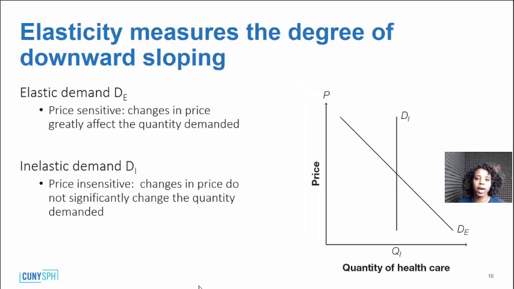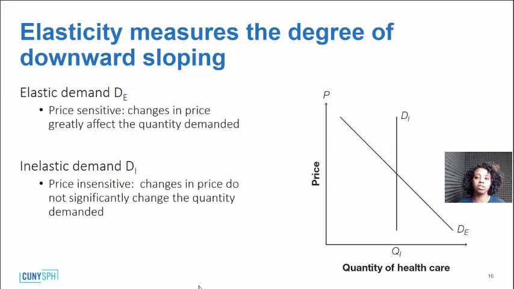Elasticity is a way of measuring how downward sloping demand might be. In this graph, the line labeled elastic demand, D sub E, is an example where quantity demanded is sensitive to changes in prices. As you move up and down on the y-axis with price changes, the quantity demanded on the elastic curve is also changing.